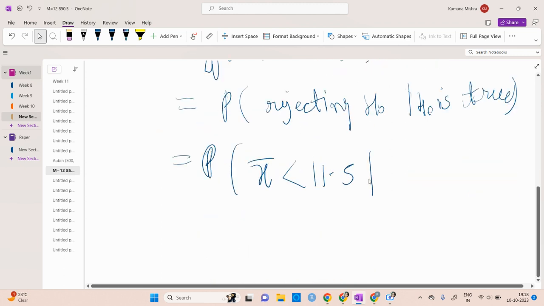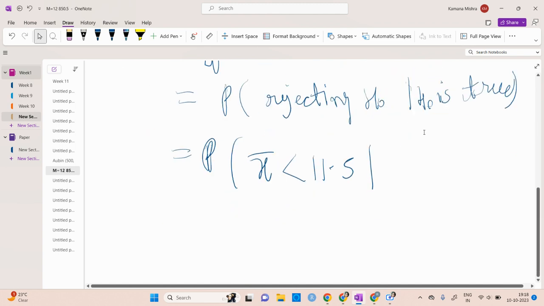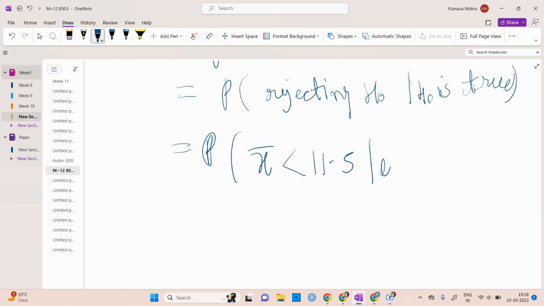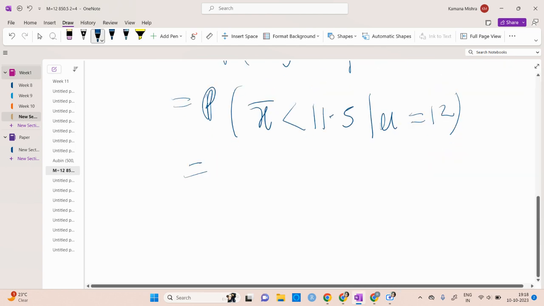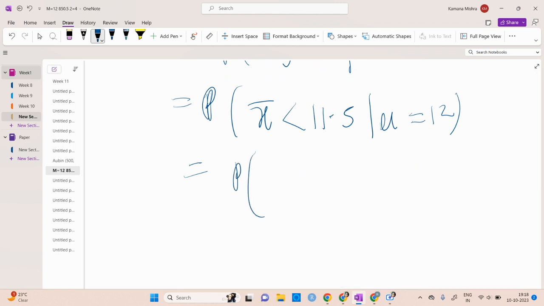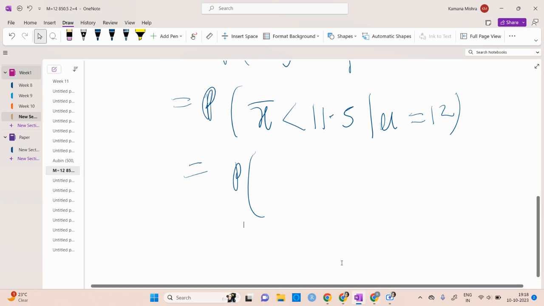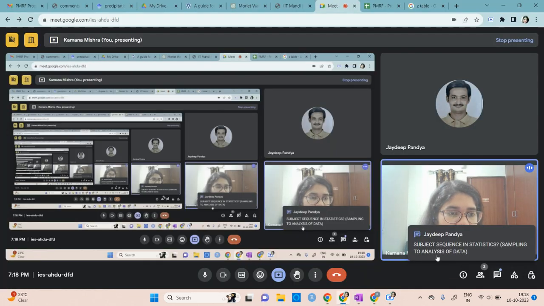So X bar less than 11.5 is rejecting the null hypothesis, and H0 is true means mu is equal to 12. Right. So now it is following the normal distribution. So what we do is that we will take a subject sequence in the statistic.